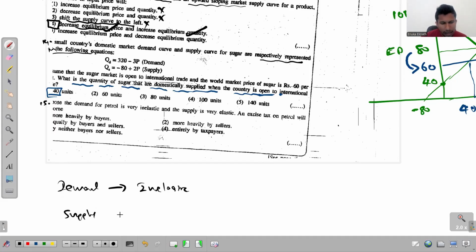Supply is elastic, and an excise tax on petrol will be borne more heavily by buyers, more heavily by sellers.